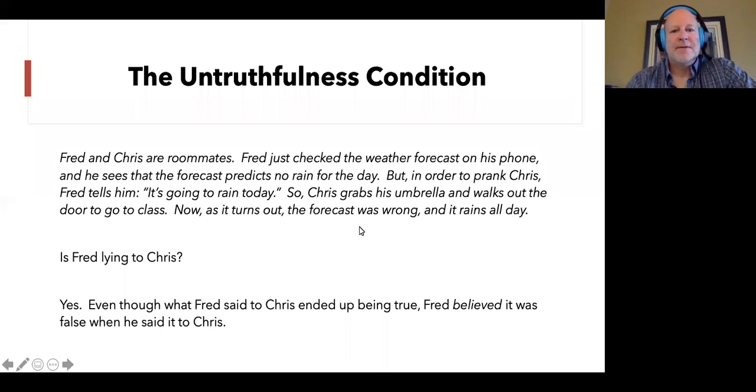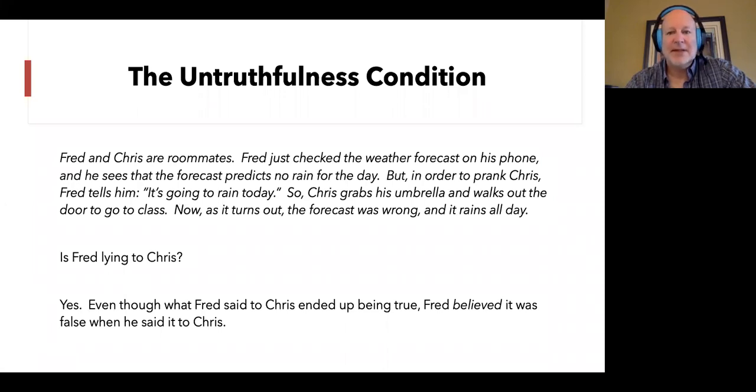So if you think about our 4 conditions here, every single one of the 4 conditions is met in this case, which guarantees, according to the traditional analysis, that you've got a lie on your hands. So first condition, right? Fred has to assert that it's going to rain today, and he does. Second condition, the one that we're talking about here, that proposition has to be untruthful. Fred has to believe that what he is saying to Chris is false, and that's correct.